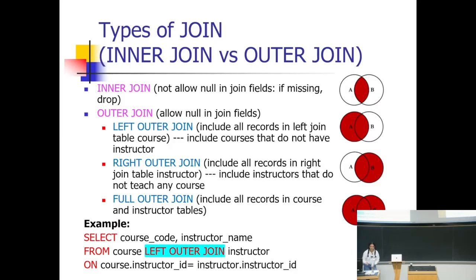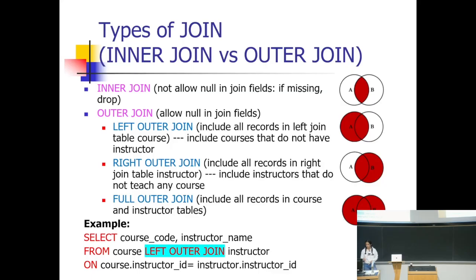In the case of left join, it means everything from the left table, even if the corresponding value in the other table is null. Now, if you have table 1 left join table 2, which one is your left table? Table 1, right? So the one on the left side of the join. So this is your left table. It means everything from table 1, even if the corresponding value in table 2 is null.